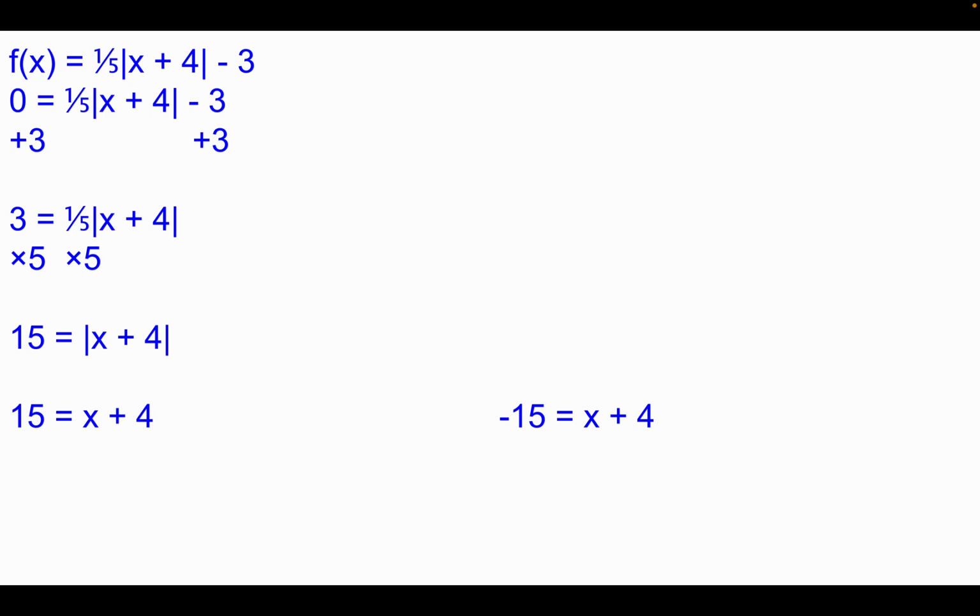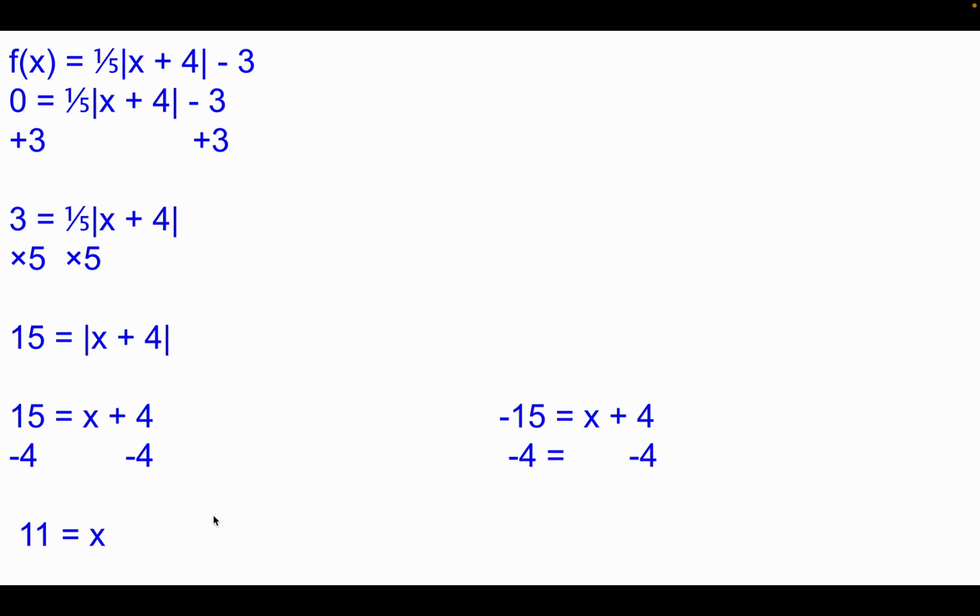So now I'm going to split this into two equations: 15 equals x plus 4, and negative 15 equals x plus 4. You do this whenever you're solving an absolute value equation and that absolute value equals a positive number. I'll subtract 4 from both sides of the first equation and get 11 equals x.